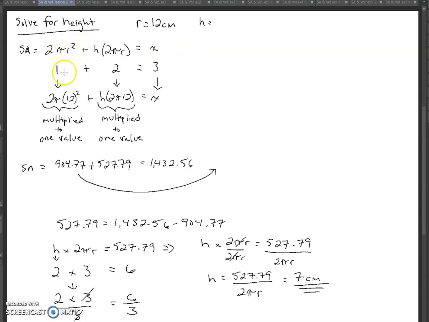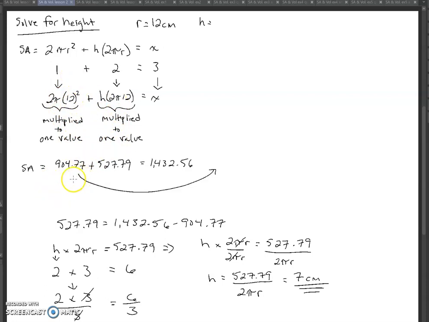For me, you have a 1 plus 2 equals 3 situation going on here, where 2 pi, 12 squared, these are all being multiplied to one value. So as far as solving the equation and having to move things around, I just like to perceive it in these terms, because they really are just a group.